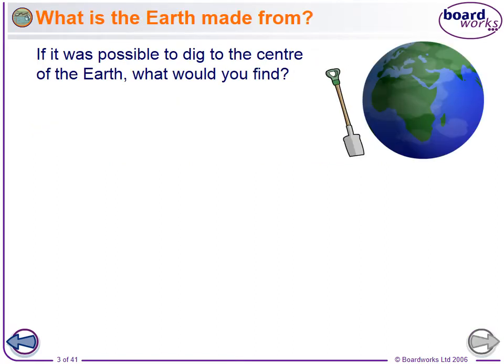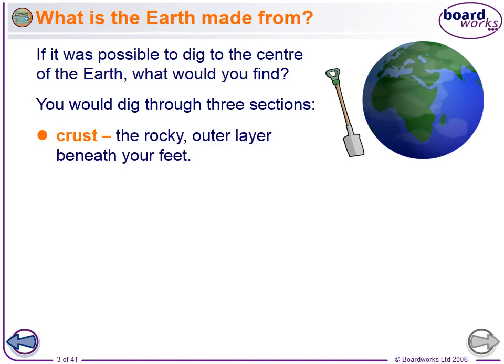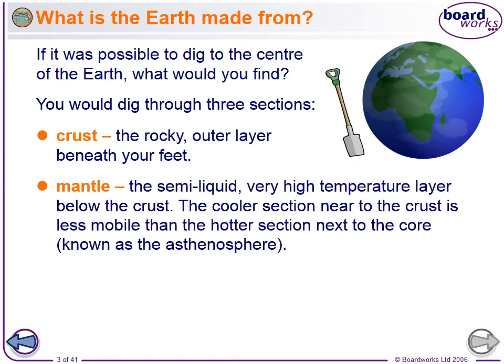If it was possible to dig to the center of the Earth, what would you find? You would dig through three sections. The crust, which is the rocky outer layer beneath our feet. The mantle, the semi-liquid, very high temperature layer below the crust.